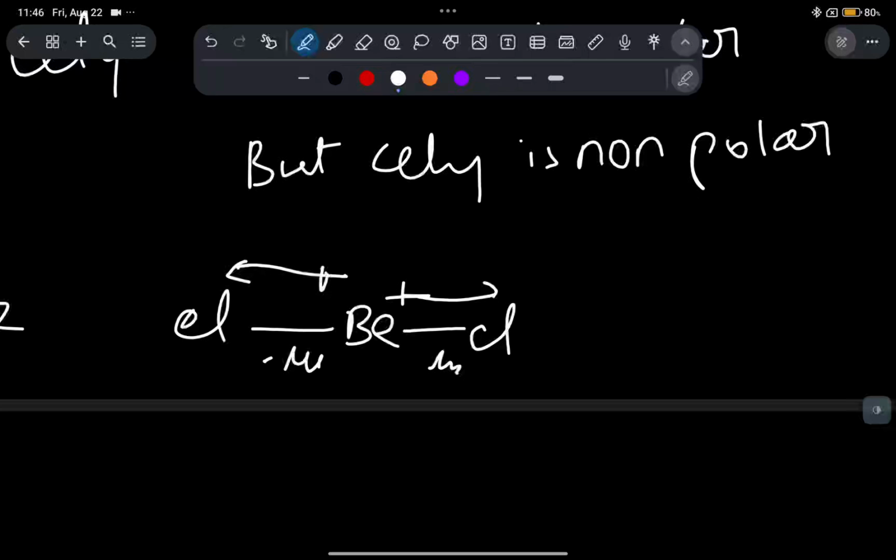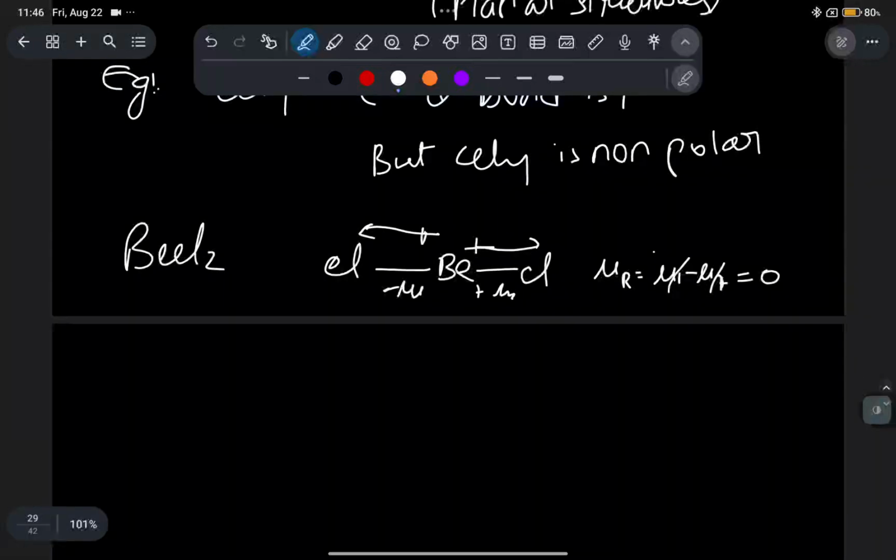Here minus, here plus. So the resultant mu is equal to mu1 minus mu2. These both are the same values, so they cancel to 0. So the electronegativity of B is greater than Cl.